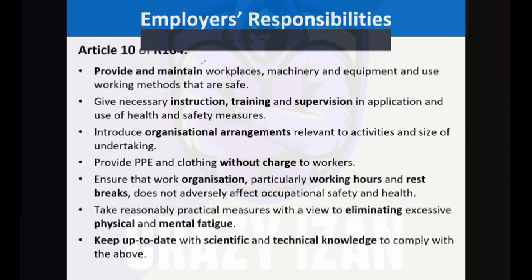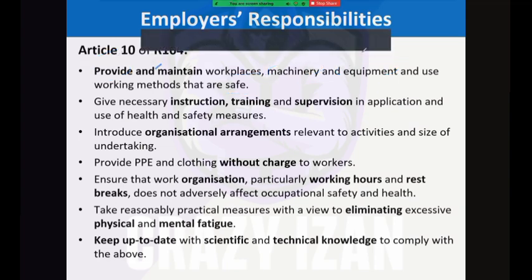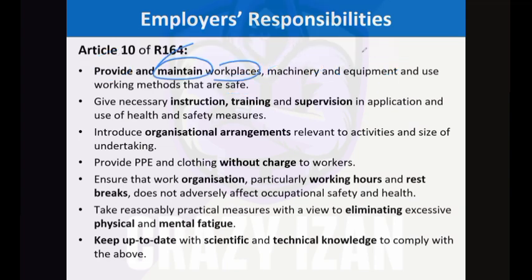Okay, so first he must provide a workplace which is safe. He must provide machinery which is safe. He must provide equipment which is safe, and he must also maintain the workplace as well. How can an employer maintain the workplace? For example, you need to carry out regular cleaning, you need to carry out regular housekeeping.